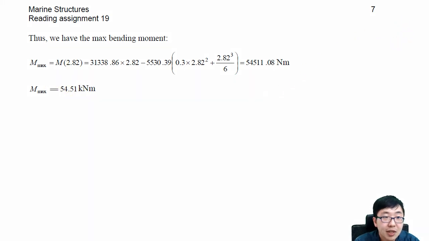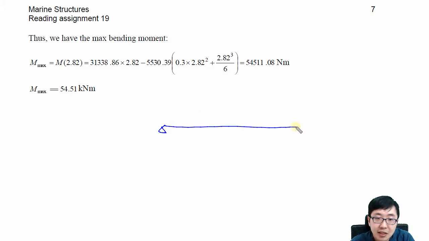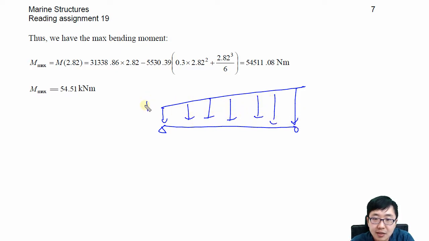At the same time, what I want to suggest you do is, from the beginning, establish your own free body diagram like this, P1 and P2, and this will be AY, this will be BY.